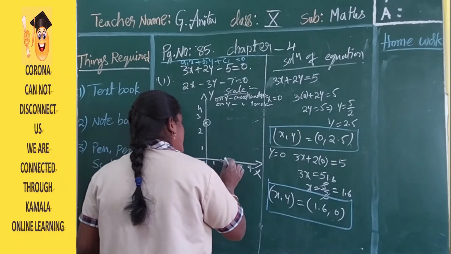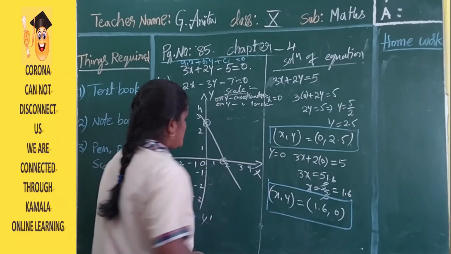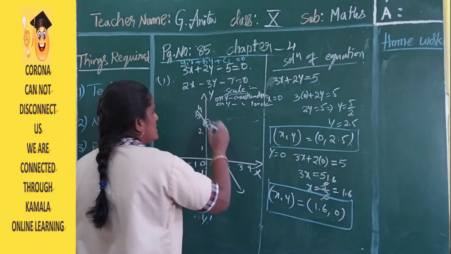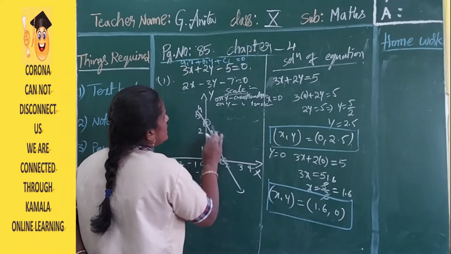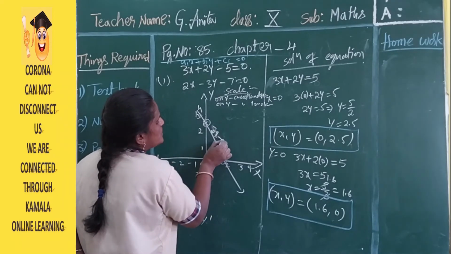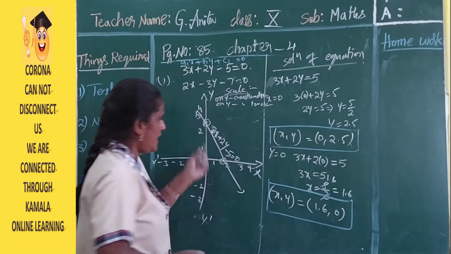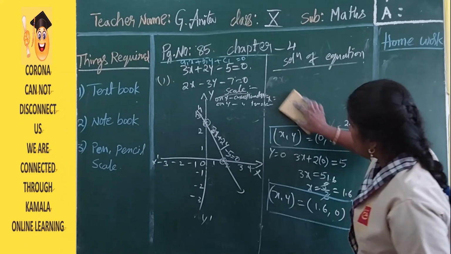Like this we will get the points. Join these two points. This line represents the equation 3x plus 2y minus 5 is equal to 0. Next, we want the other equation's solutions.